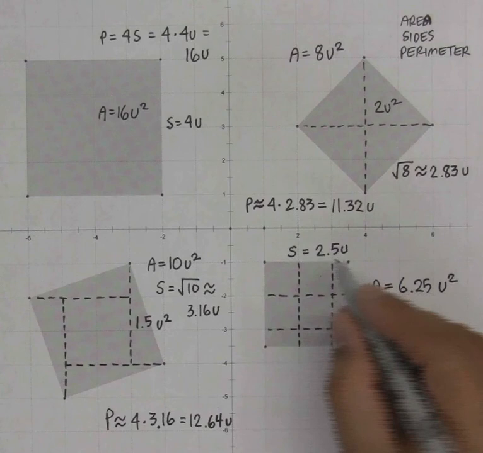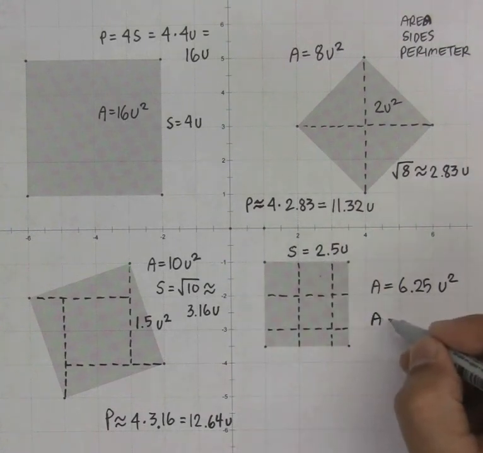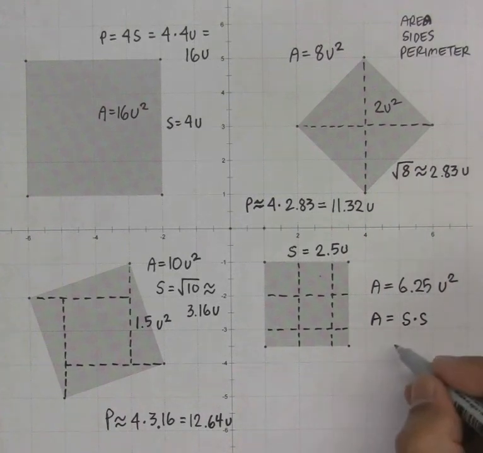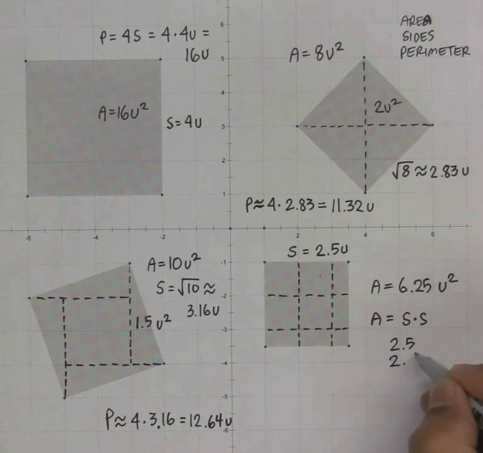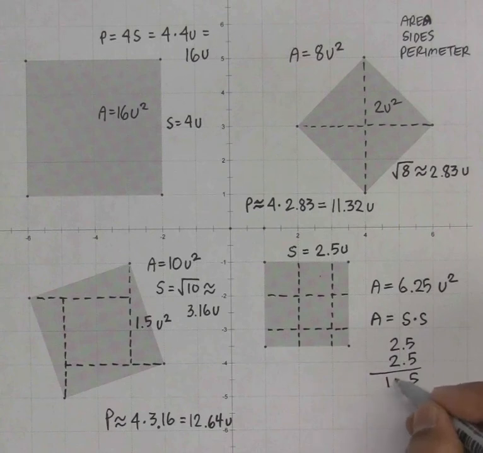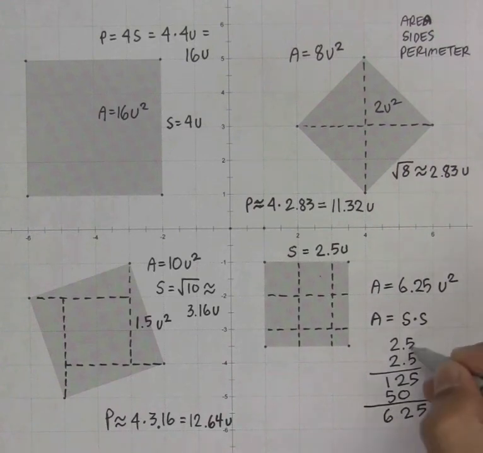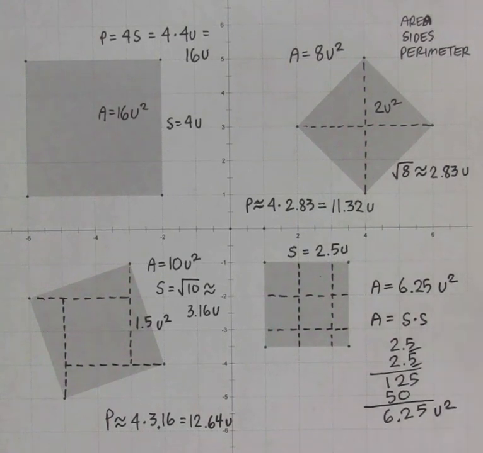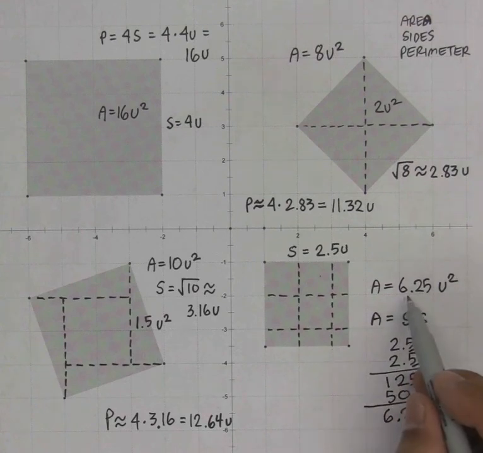I'm going to check myself by finding the area by multiplying side times side. That would be 2.5 times 2.5. One decimal, 2 decimals, 6.25 units squared. So it works. The area of this square is 6.25.